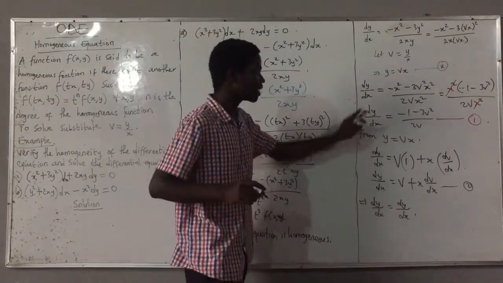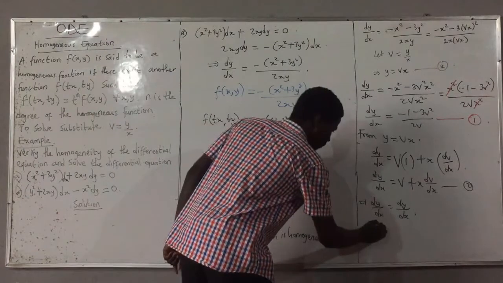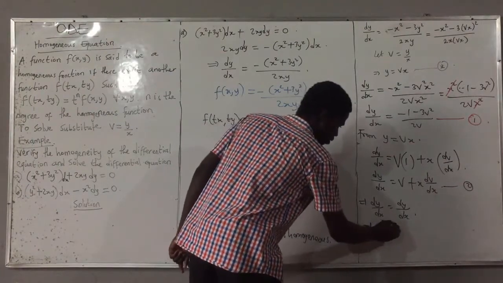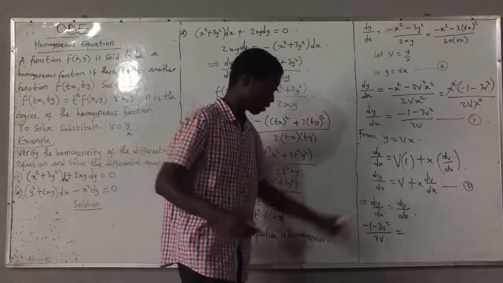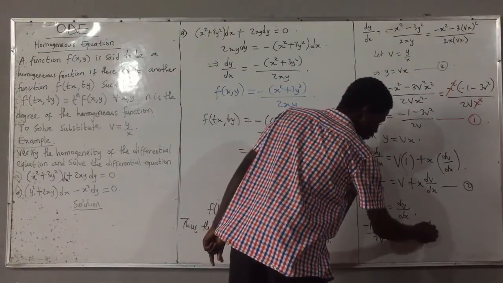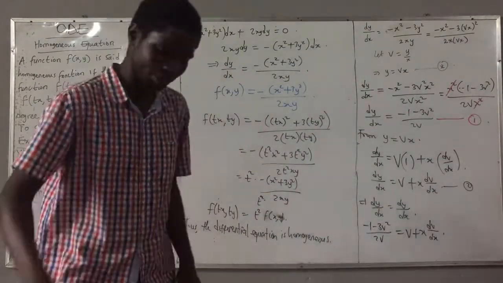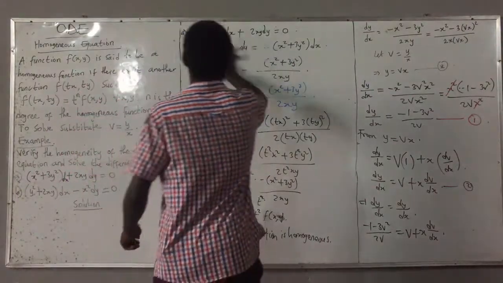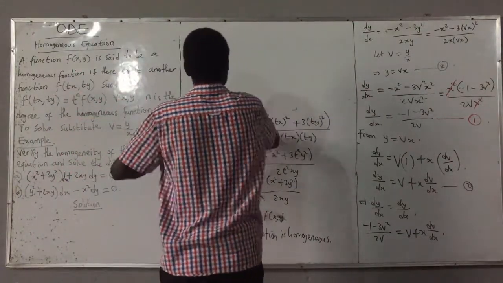So now minus 1 minus 3v squared all over 2v is equal to the dy/dx I have here, which is v plus x dv/dx. So equating the two of them, bring all the v.